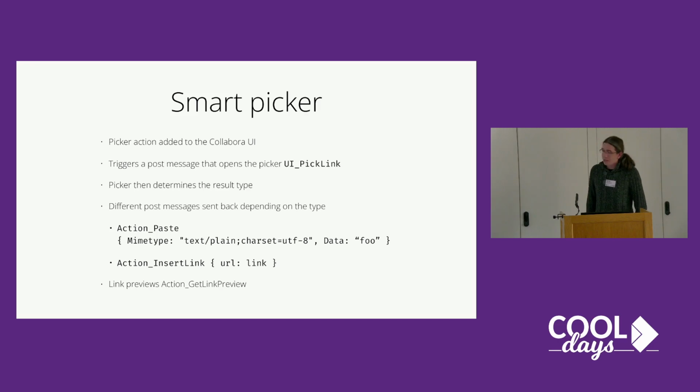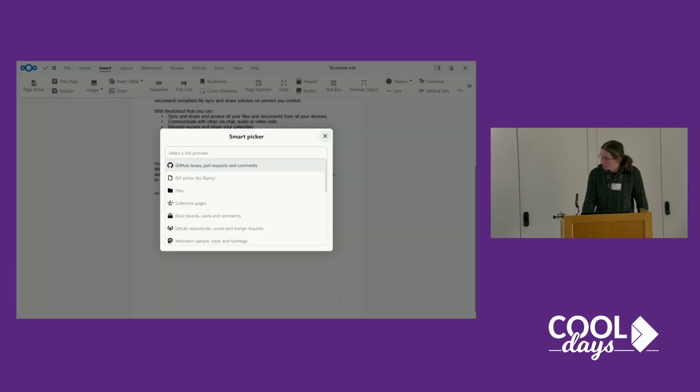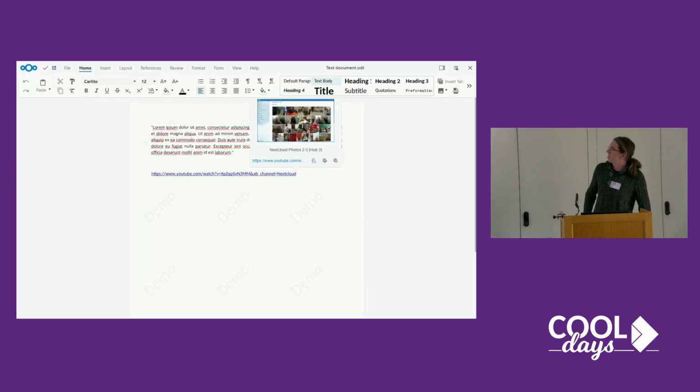Depending on the actual result of the picker, we can decide if we want to insert plain text into the document or even rich text, or we can put a link through the existing post messages that have already been there. In addition, link previews are now supported in Collabora Online, which is a post message that allows you to get nice previews when the user moves the cursor into a hyperlink.